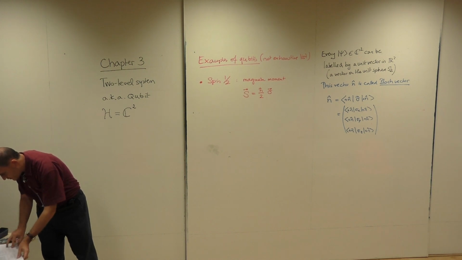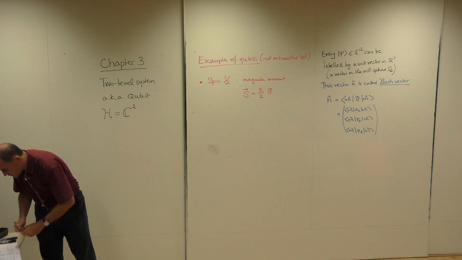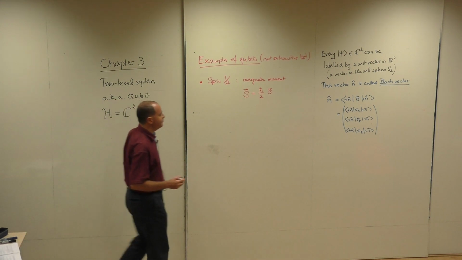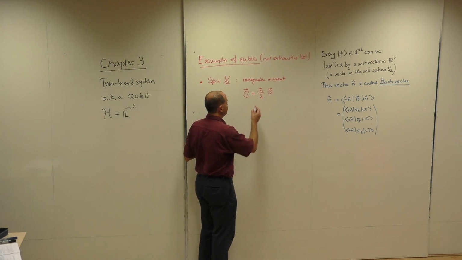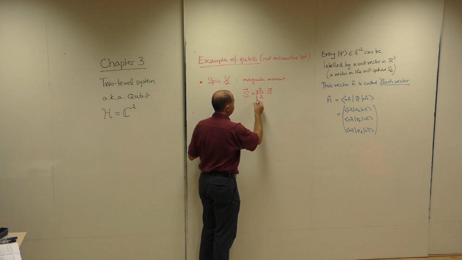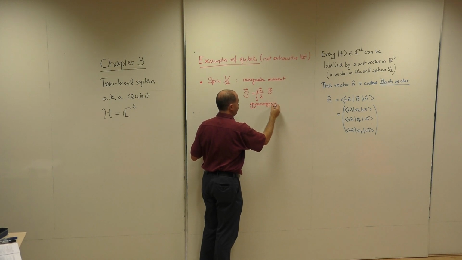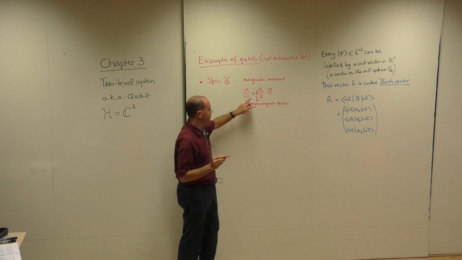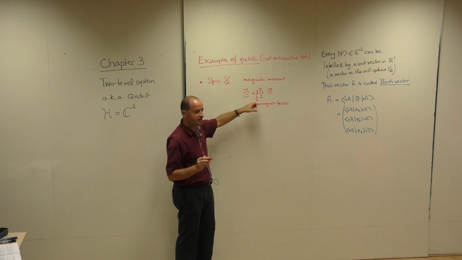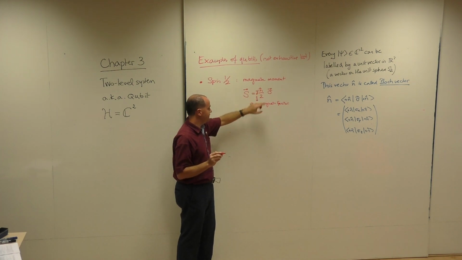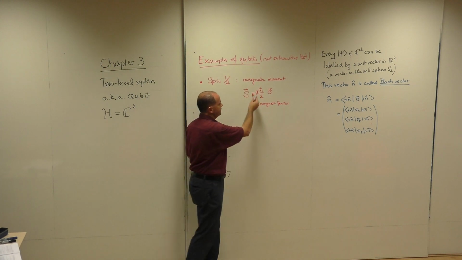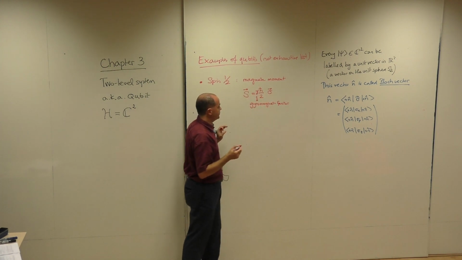Let me check. Sorry, for the magnetic moment, I always forget that one. There is another factor here that is called the gyromagnetic factor, gamma. That indeed gives that object the unit of a magnetic moment. I will tell you later what the thing without the gamma is. Anyway, there is a number here, and then there are the Pauli matrices.